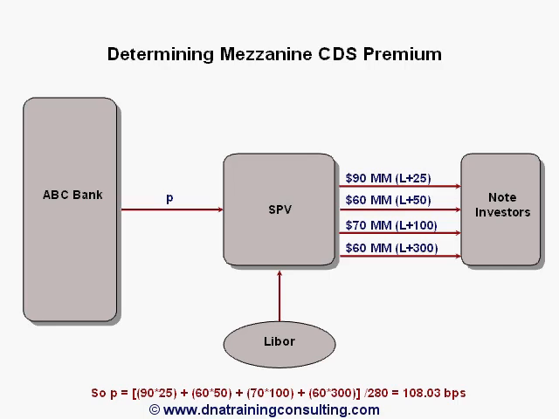Thus, P equals 90, the principal of the Class A notes, times 25, the spread over LIBOR of those notes, plus 60, the principal of the Class B notes, times 50, the spread over LIBOR of those notes, plus 70 times 100 for the Class C notes, plus 60 times 300 for the Class D notes, divided by 280, being the aggregate amount of all four classes of notes in total, equals approximately 108 basis points.